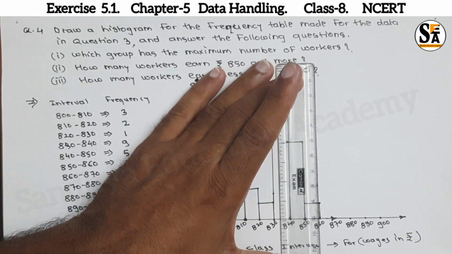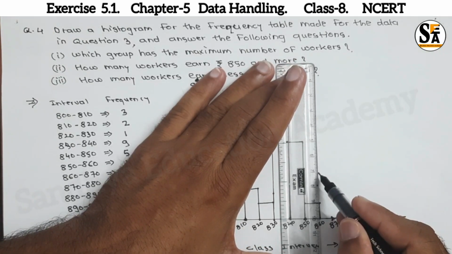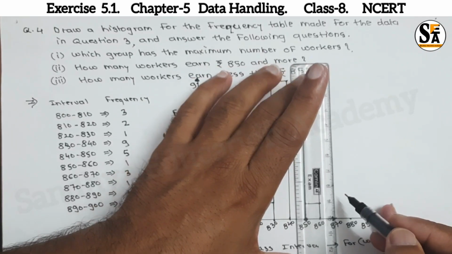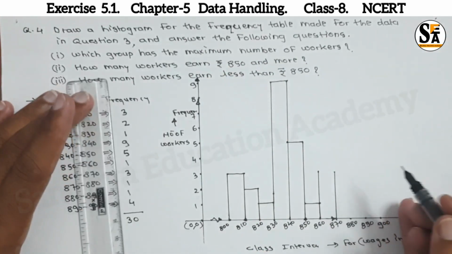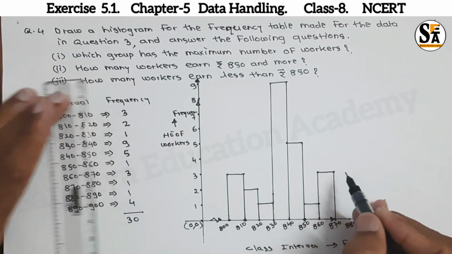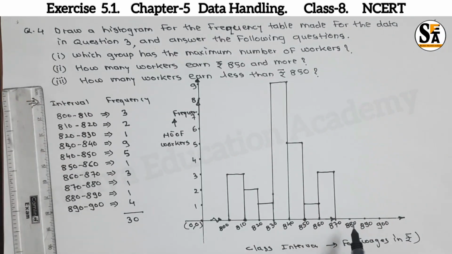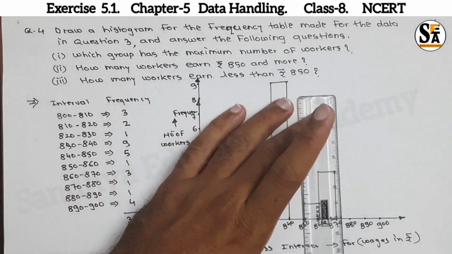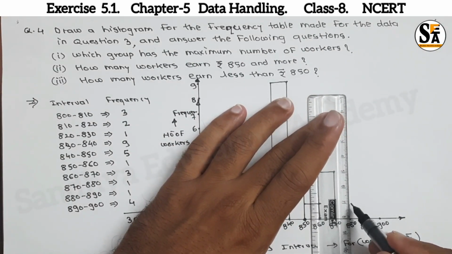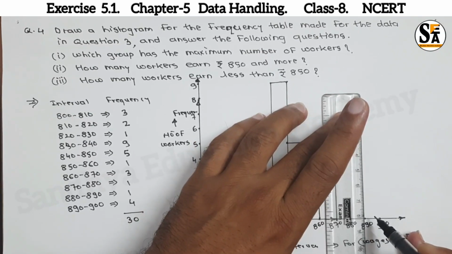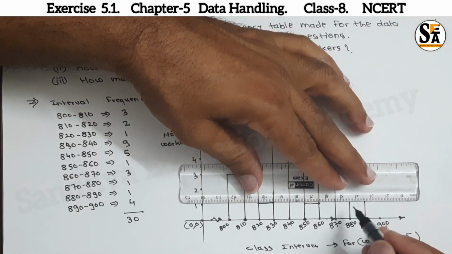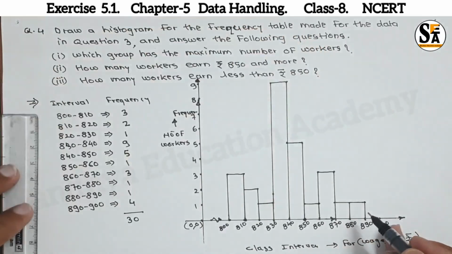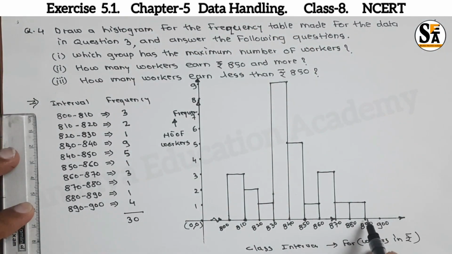So make a 3 centimeter vertical line. This will be the next class interval. Then for both the next class intervals, 1 centimeter we require, because only one worker lies in each. So make a 1 centimeter vertical line for these 2 entries.